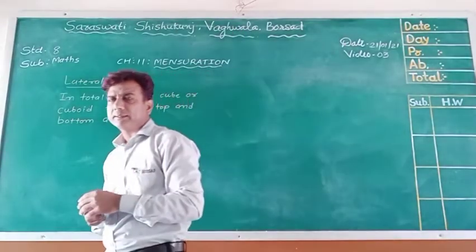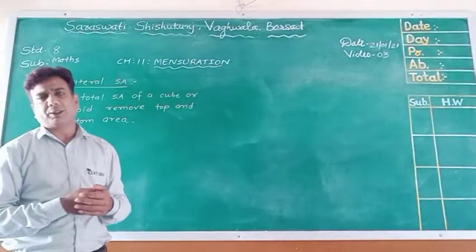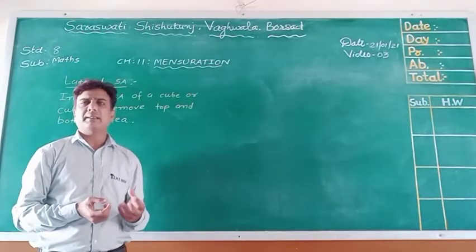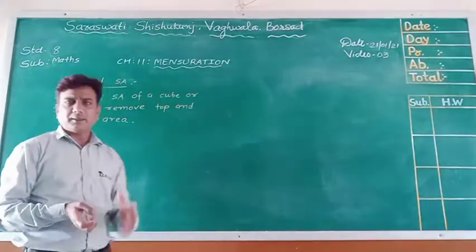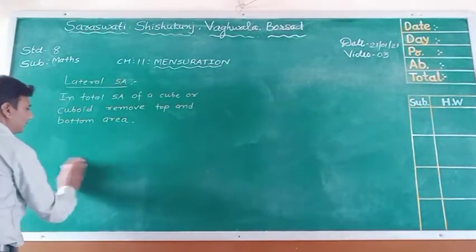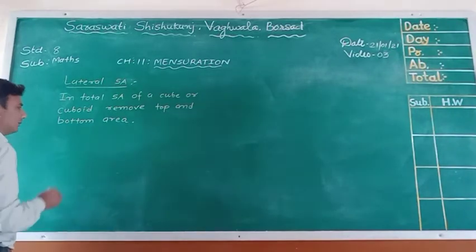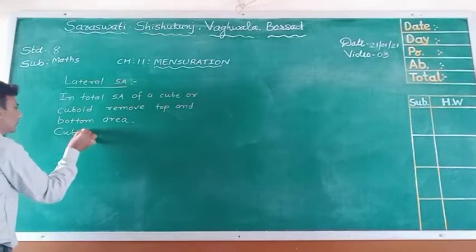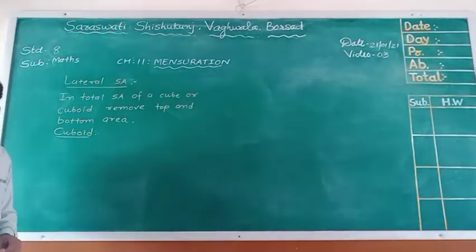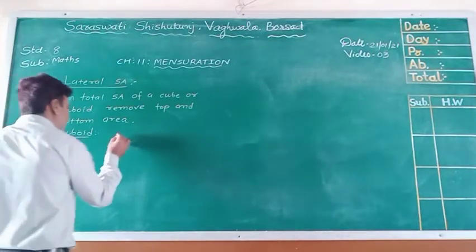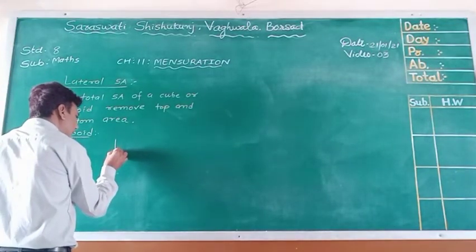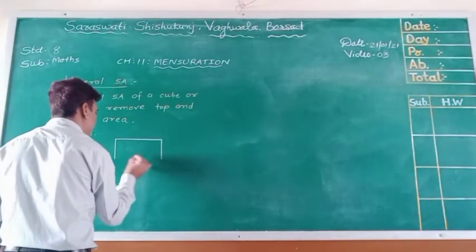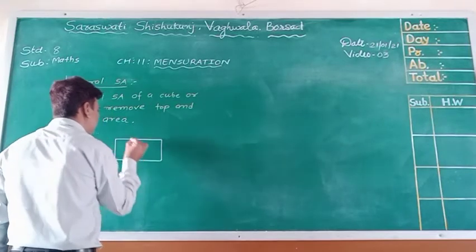In those cases, we would have to do long calculations. But if we apply a simple formula, then we can get the area easily. See, first I will show how we can derive that formula. This is for a cuboid. Let's draw one cuboid.